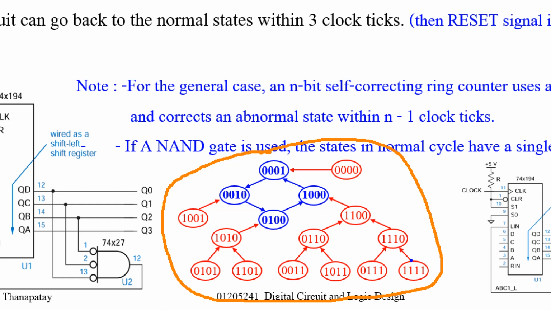For example, if an unused state is 111, when the clock ticks, it goes to 1110, which is also an unused state. But if you wait for 3 clock ticks, it can go back to the normal state. So if every unused state can go back to the normal state by itself, the circuit is said to have the self-correcting property.